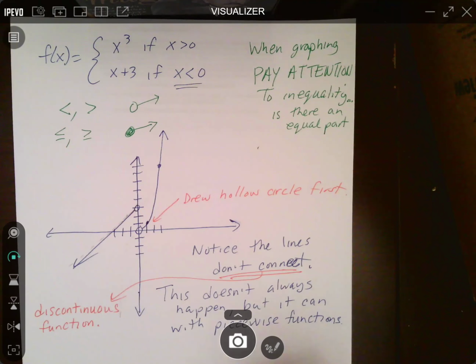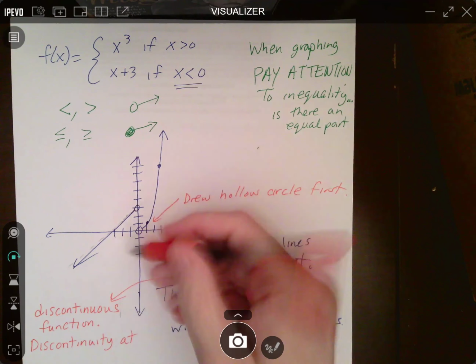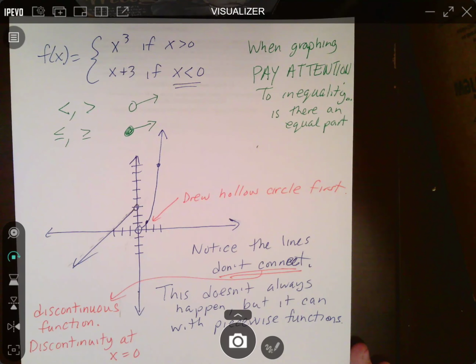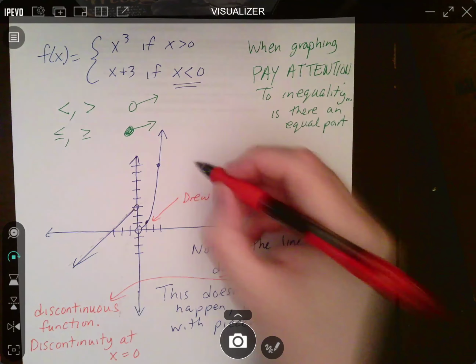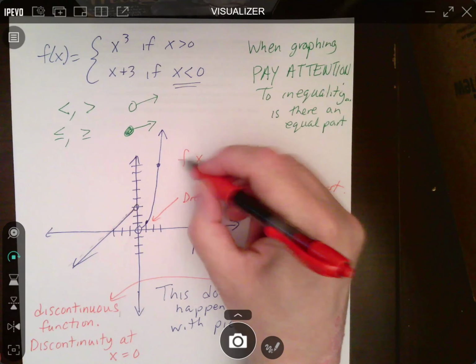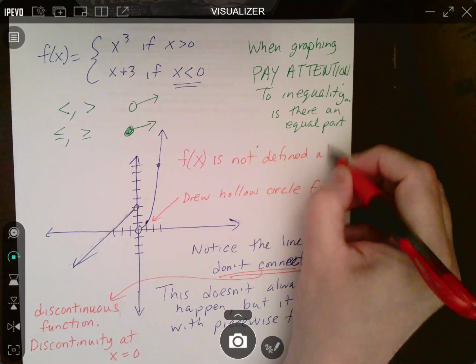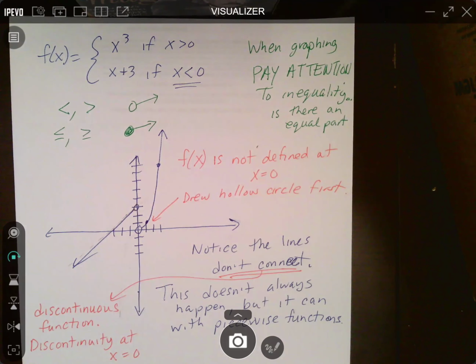And we say there's a discontinuity at wherever the line doesn't connect: x equals 0. Also notice f of x is not defined at x equals 0. That just happens to be this case.